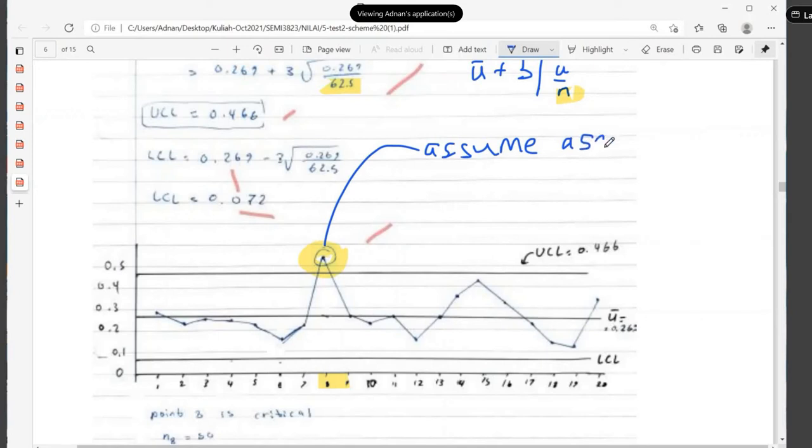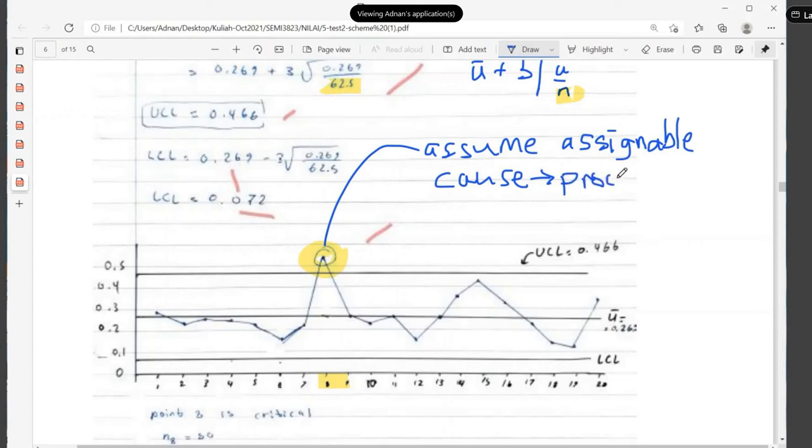For the purpose of academics, you say assume assignable cause, and the process can be improved.